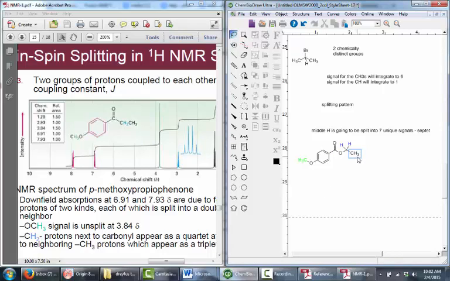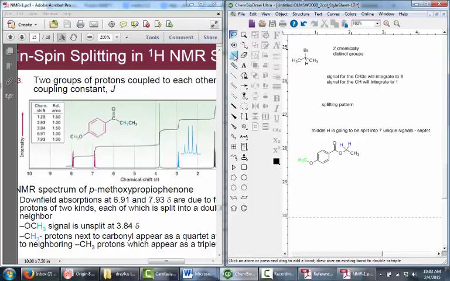This CH3 here is going to be split into a triplet, so 3 separate peaks because of its proximity to the CH2. The area under that curve is going to equal 3, corresponding to the 3 protons, and it's going to be fairly shielded because this one is more removed from the electronegative atoms in this particular molecule. So that's as far as the splittings and the peak positions of the aliphatic groups.